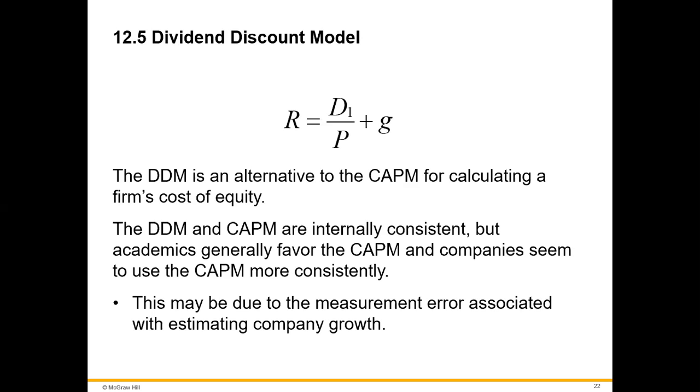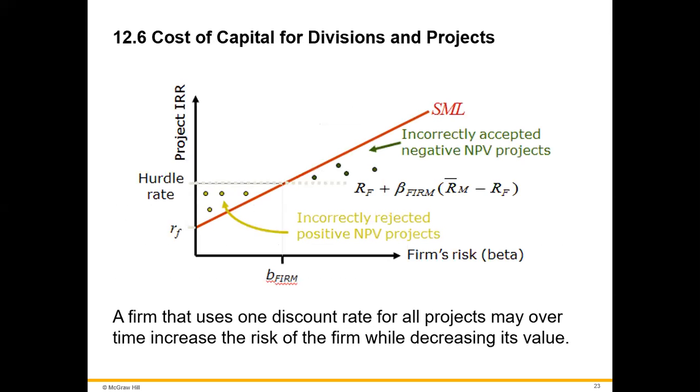So you can use it, and it's not hard to get that information. It's just that generally people rely more on the capital asset pricing model to get that required rate of return.